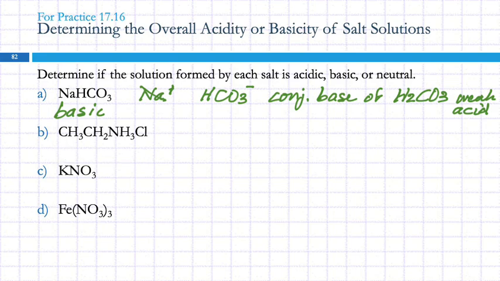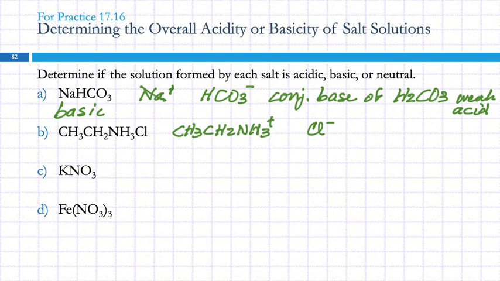Let's look at the second one. Well, here we have a nitrogen and some hydrogens and then this other stuff. And here's chlorine. So chlorine is the anion. Is that going to be acidic or basic?